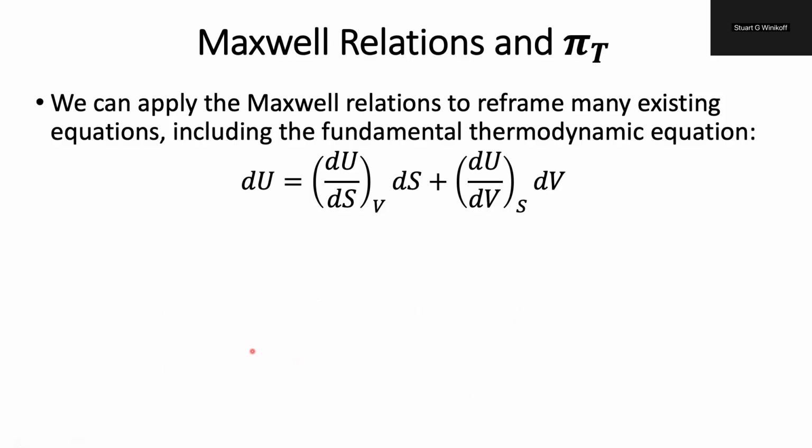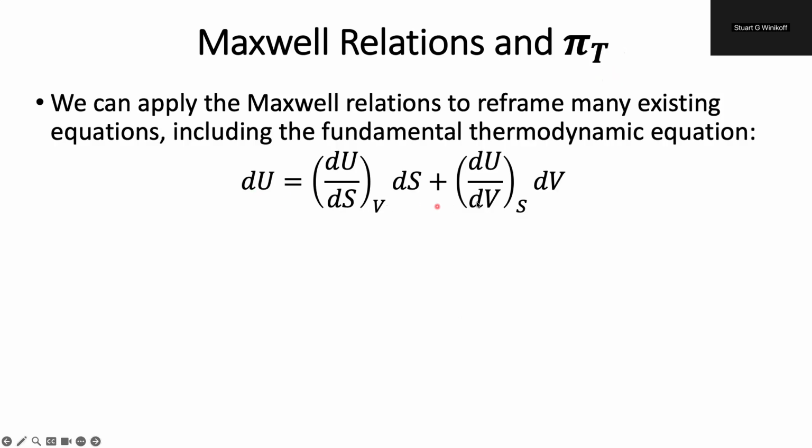So let's go ahead and use our Maxwell relationships to derive an expression for one of our old friends, the internal pressure. So what we can do is start with our fundamental equation for internal energy. Now I want to figure out how my internal energy changes with respect to volume.